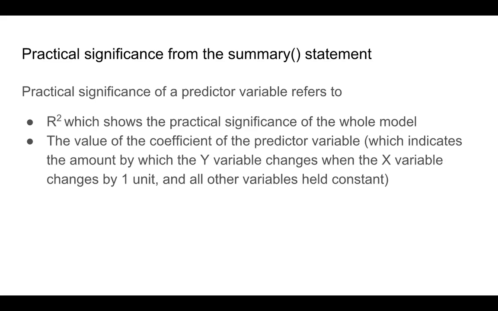For example, if I have a predictor variable coefficient of say 0.00001 for predicting the sales price of a house, then changing 1 unit of that predictor variable changes the sales price of the house by less than $1, which makes it practically insignificant. That's what practical insignificance relates to.